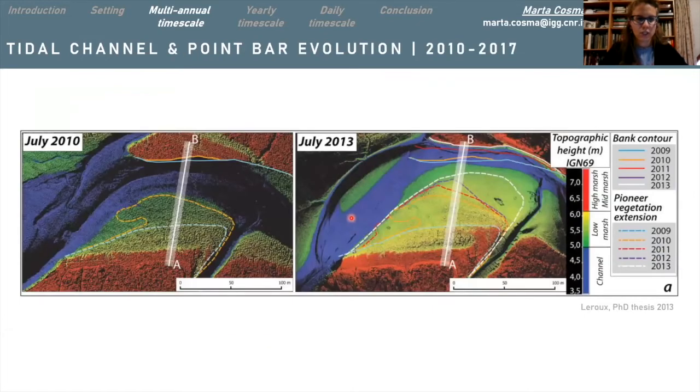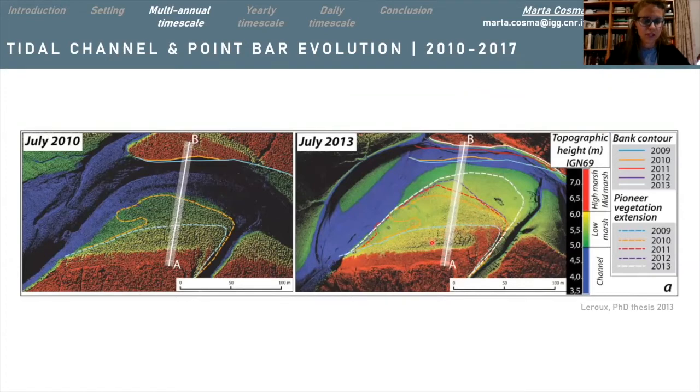Looking a little bit closer at our study meander, we can see here the expansion between July 2010 and July 2013, the retreat of the outer bank toward the north of about 15 to 20 meters, and the progressive colonization of the pioneer vegetation in this period.